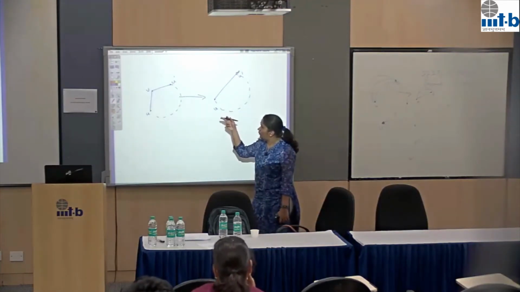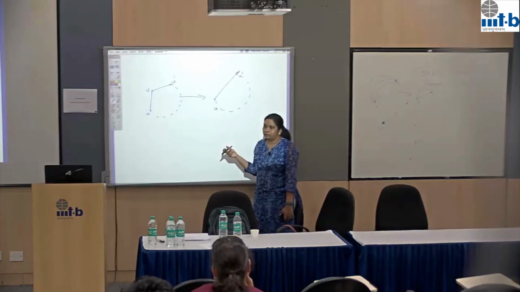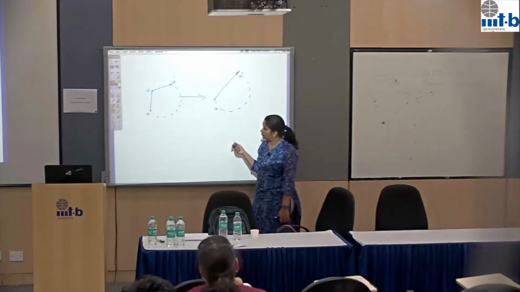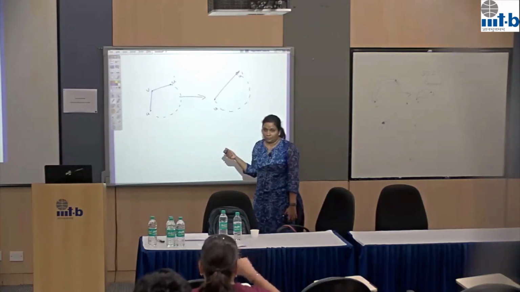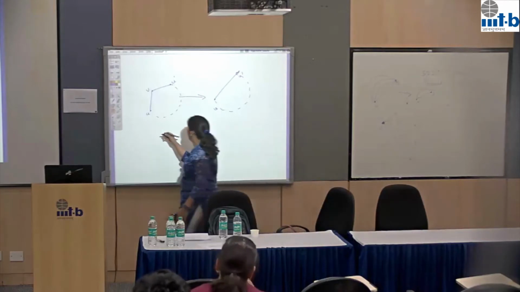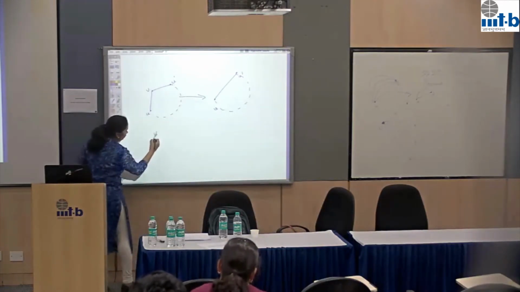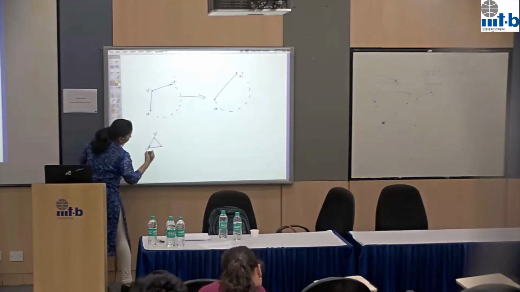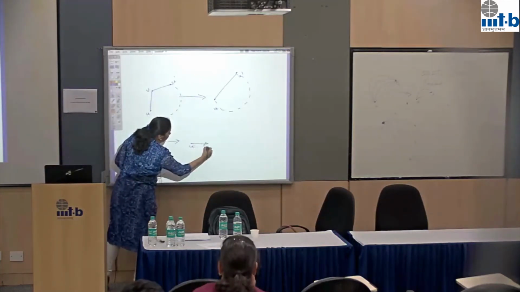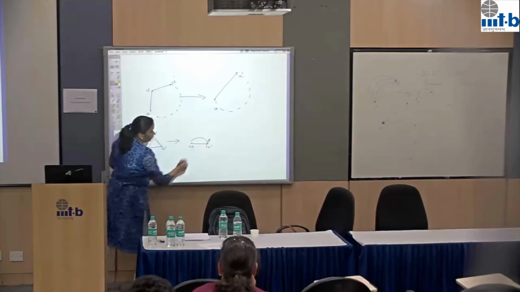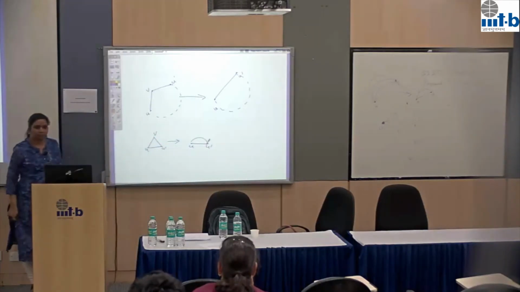What if U prime itself is a cycle, a self loop? So it was like this, and it becomes U prime like this.